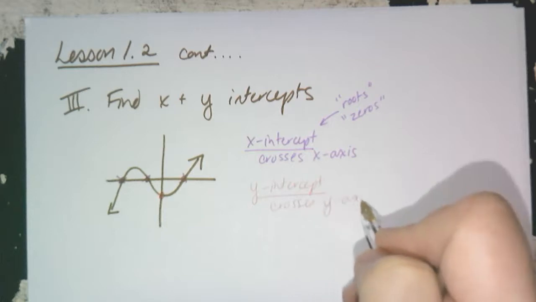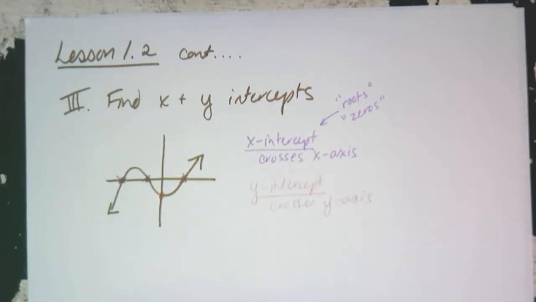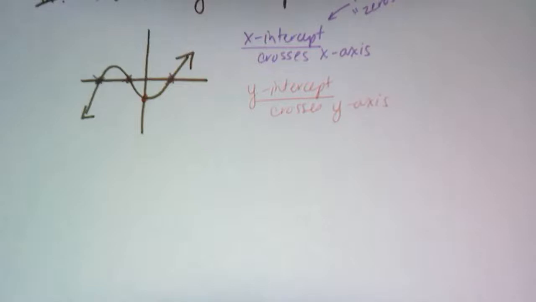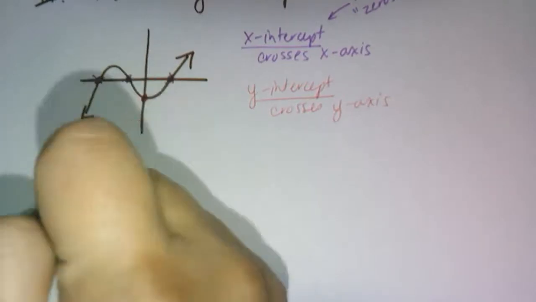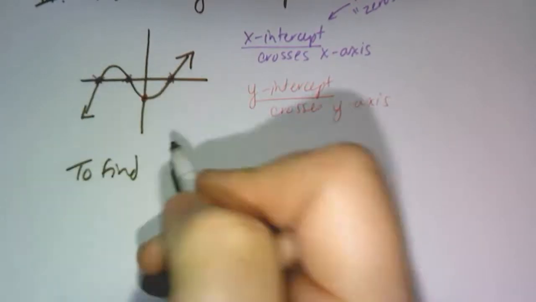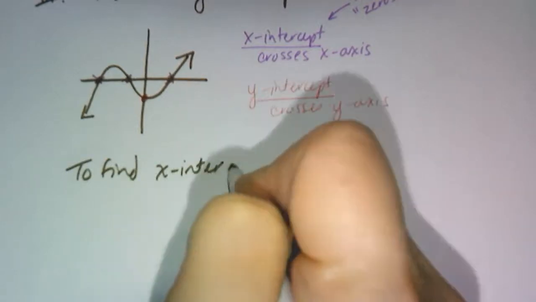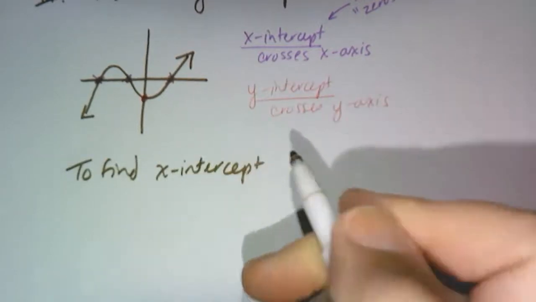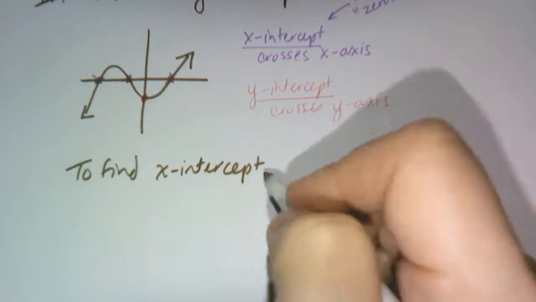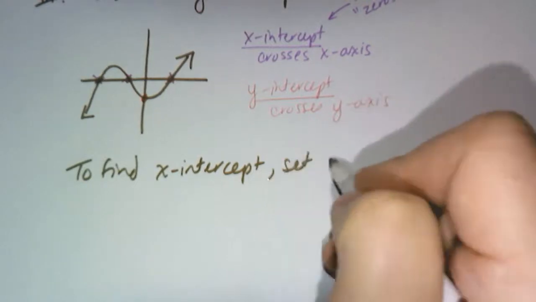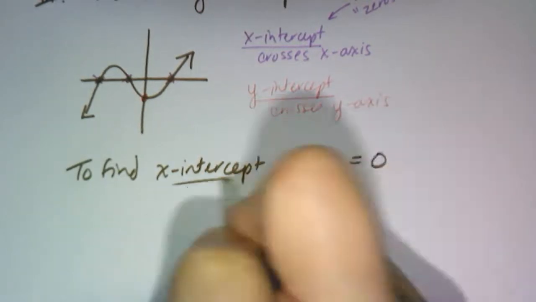Now, we are going to algebraically find x and y intercepts. It's really not that hard. It seems backwards, but it's not really. If you want to find an x-intercept, meaning you actually want the x-coordinate point where it crosses the x-axis, then you set your y equal to 0.